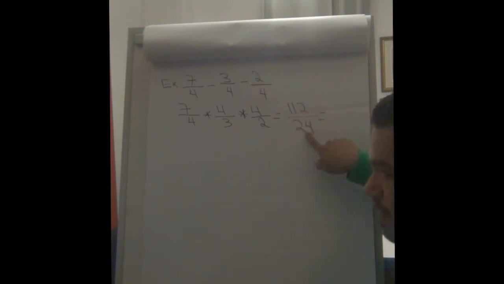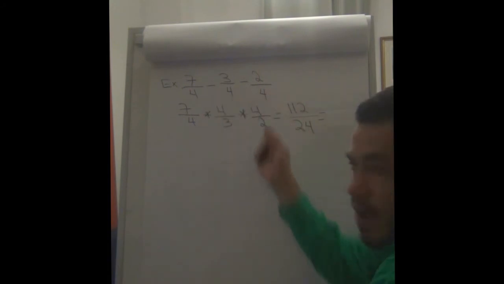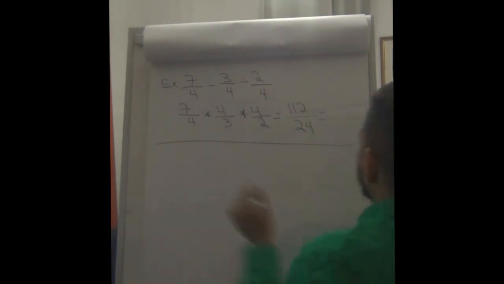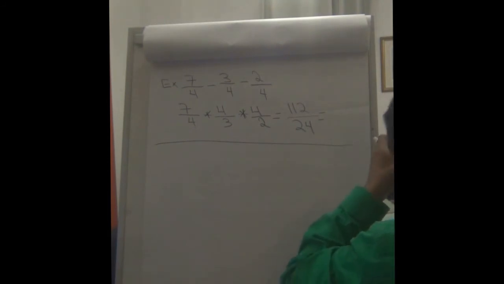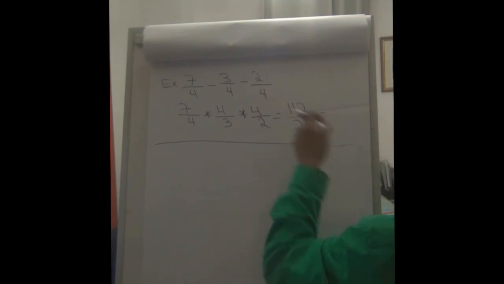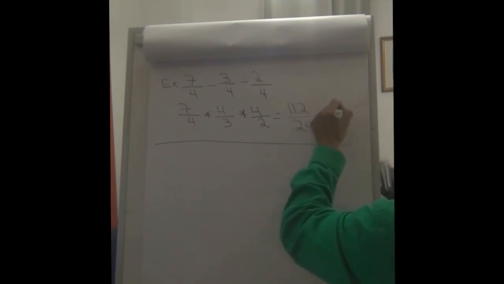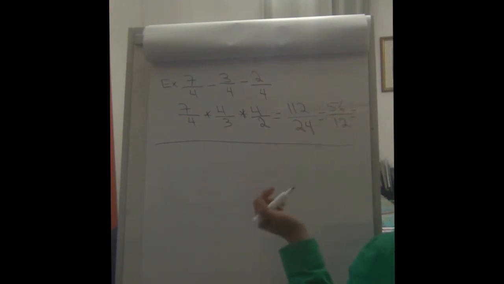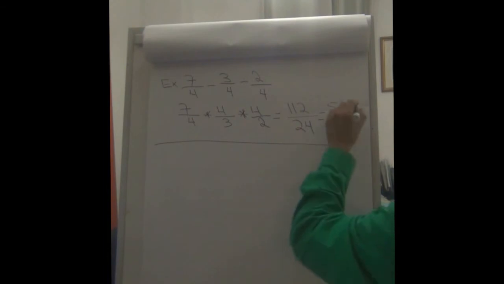And then you continue and you simplify it. The idea here is not to teach you how to simplify, but to teach you how to divide fractions. Okay. Or you know what? What's half of 112? 56. What's half of 24? 12. Can you take half of 56? Yes. What is it? Is it 28?